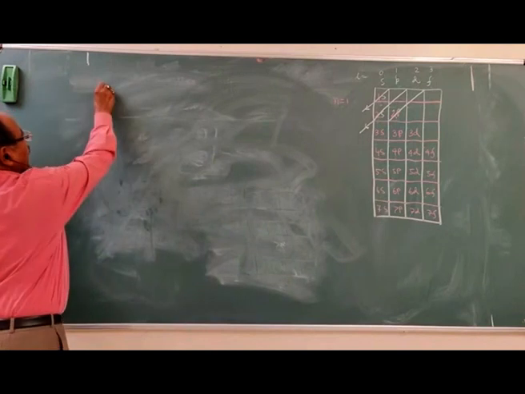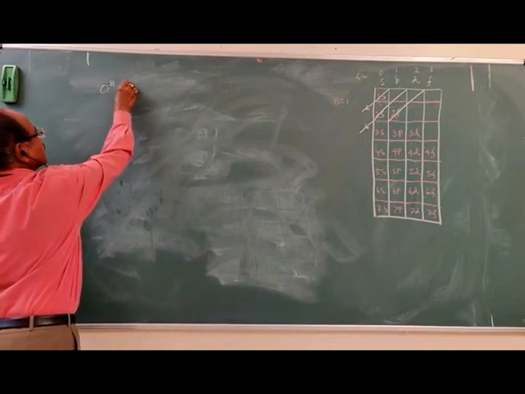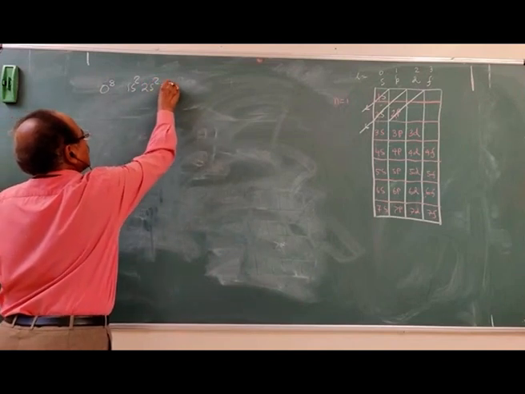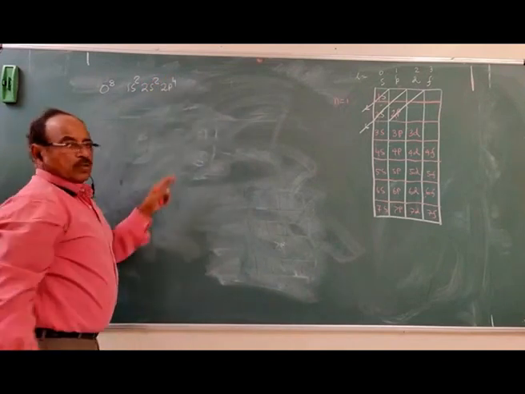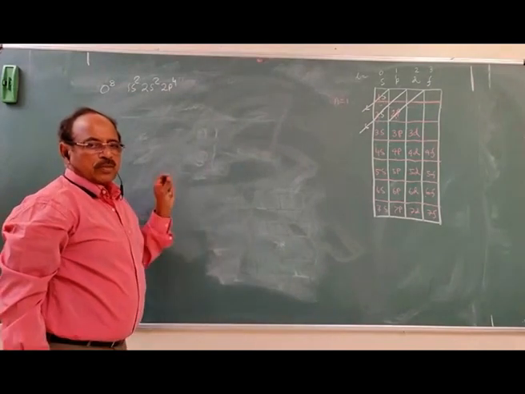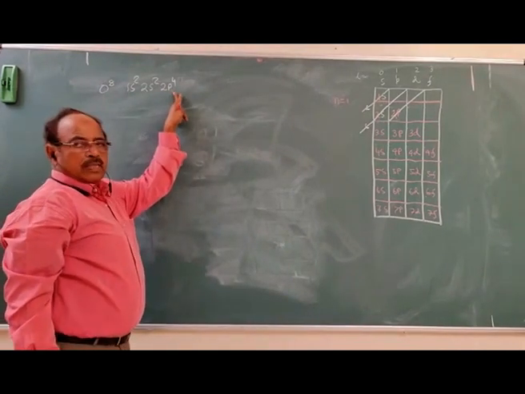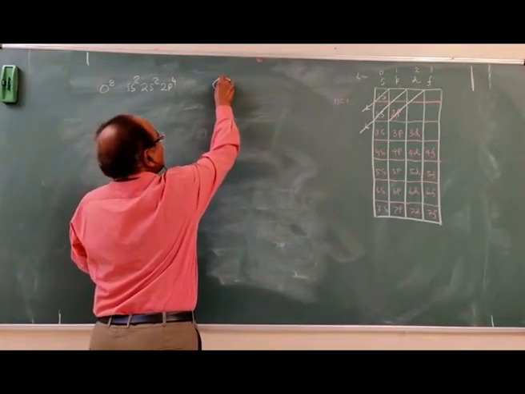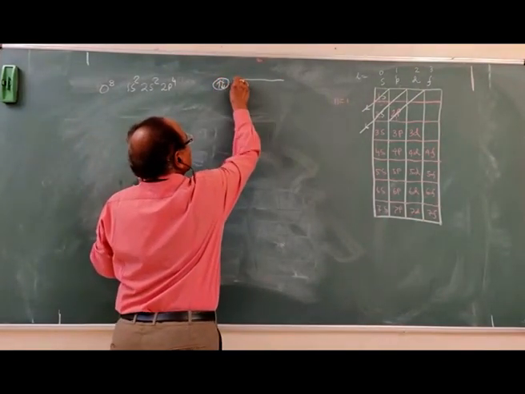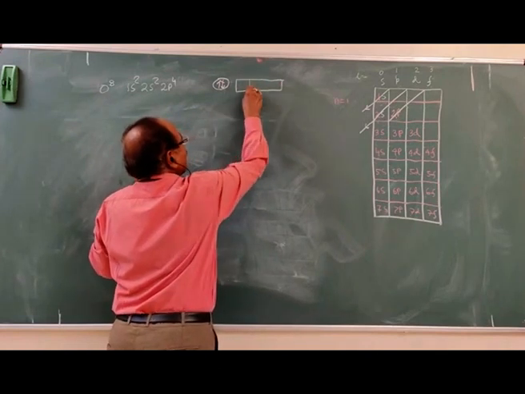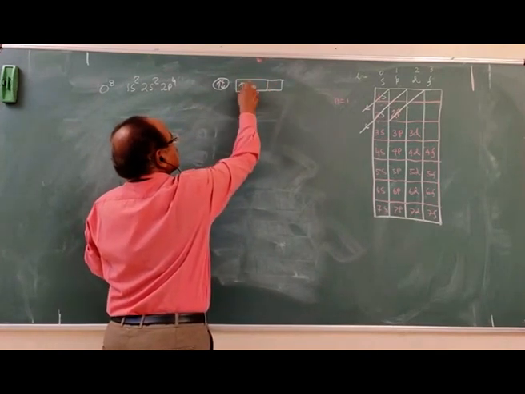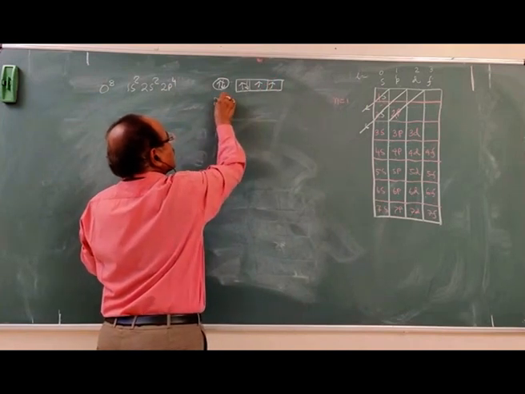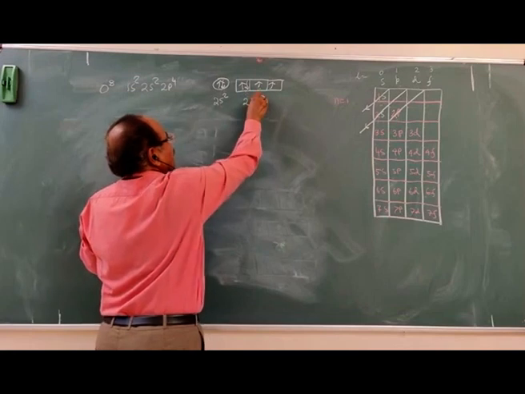So now we'll come to oxygen, atomic number 8. It is 1s2, 2s2, 2p4. In the outermost cell there is 2s2 and 2p4.